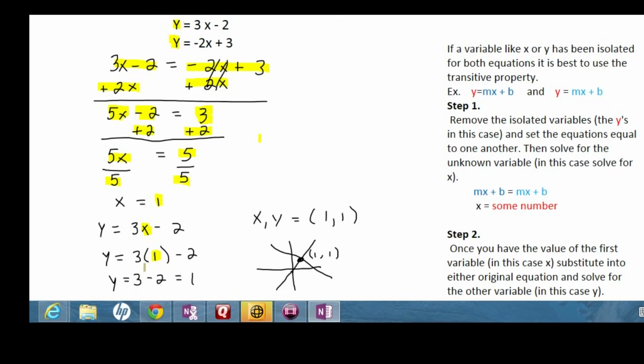And 3 times 1 is 3. And then 3 minus 2 is equal to 1. I had an ordered pair of 1, 1, which represents where these two lines intersect, and that is the solution. And this is the transitive property.